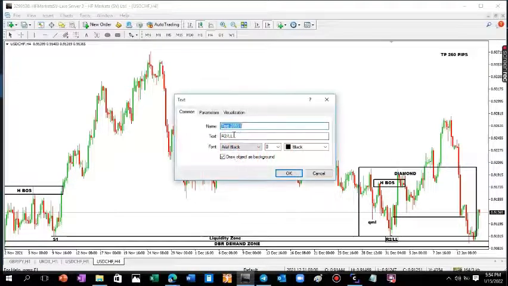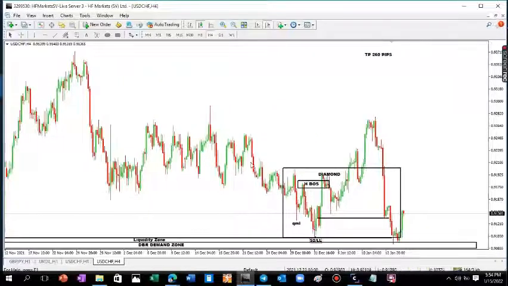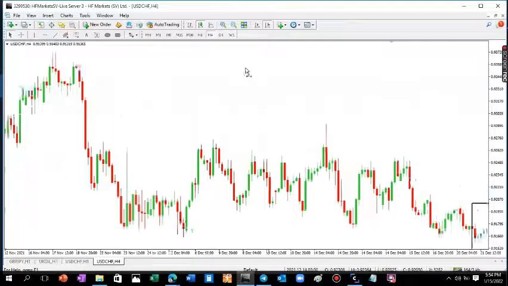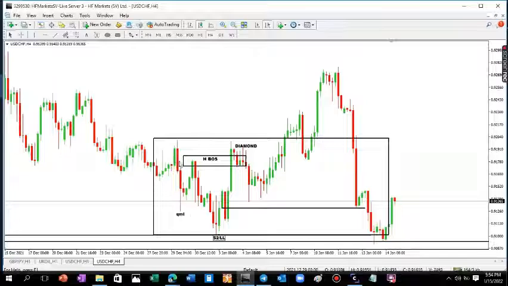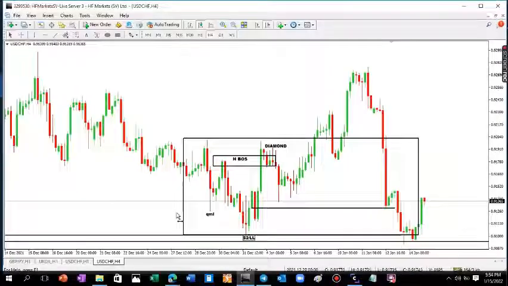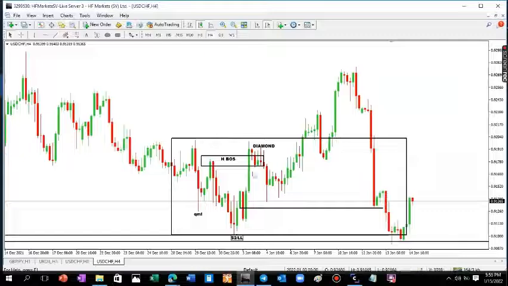S1 and S2, right? And what you're going to realize is that at this level we had something that looked like a QML setup, like a QM setup. If you look clearly here, we have a low, a high, and a lower low, just like we have on the other side. The market breaks the structure with nice looking candles, and then starts to come back here, resistance, resistance, and then finally it breaks and takes out.